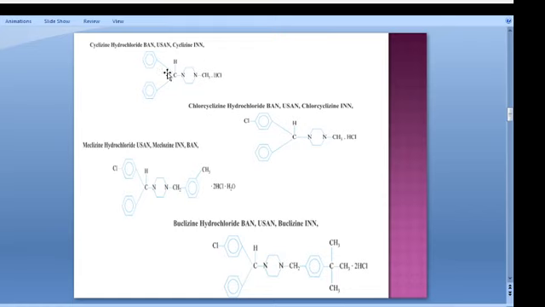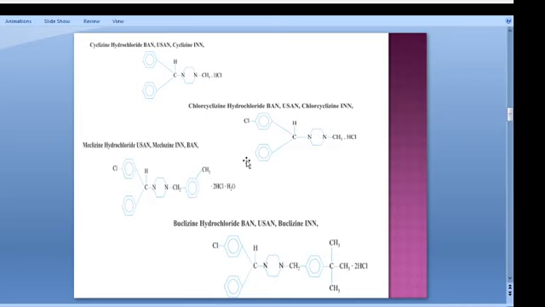The IUPAC name of cyclizine is 1-diphenylmethyl-4-methylpiperazine. Then chlorcyclizine is 1-parachlorobenzhydryl-4-methylpiperazine.